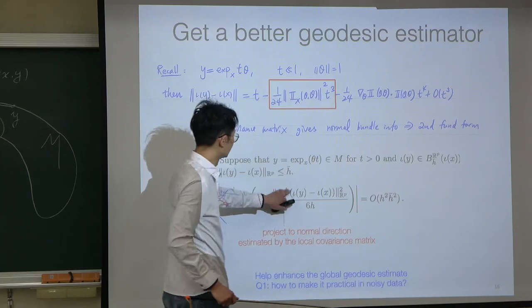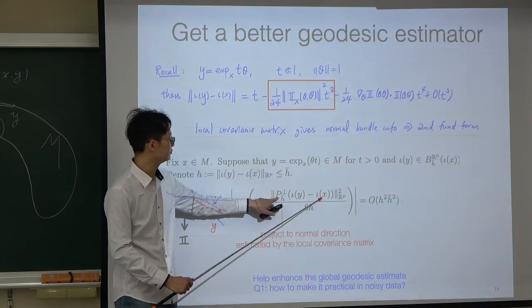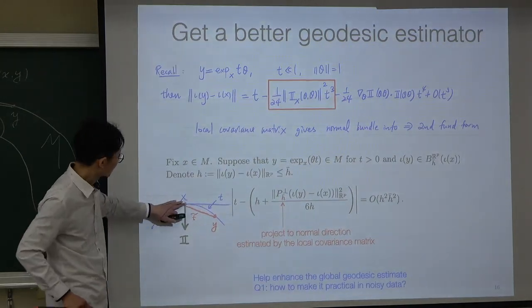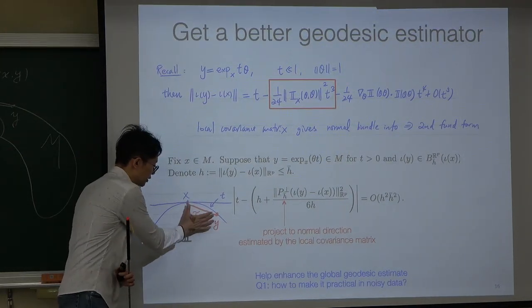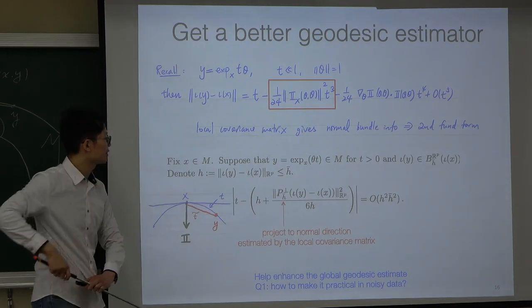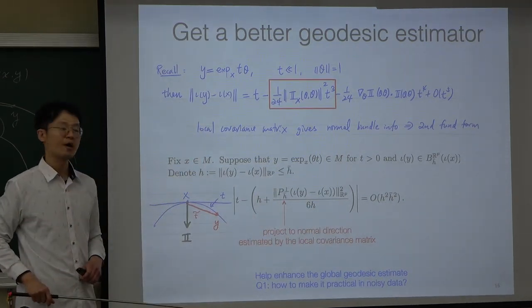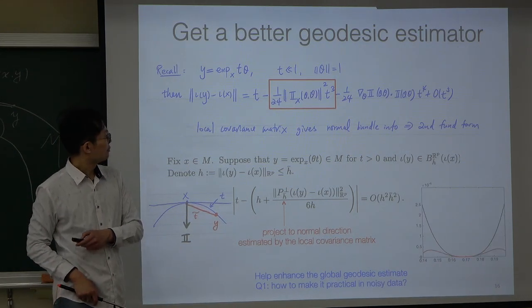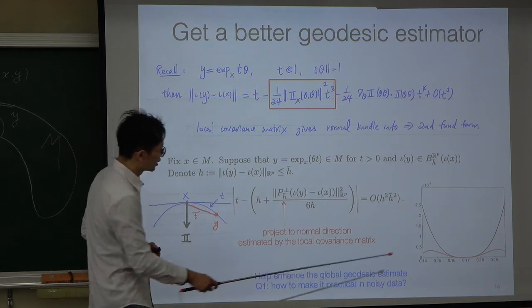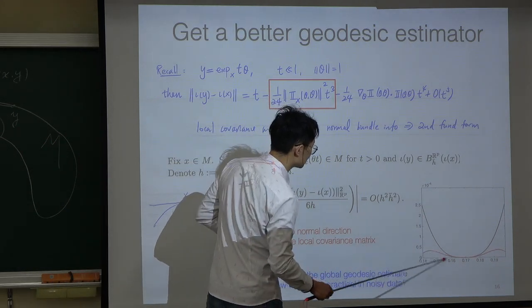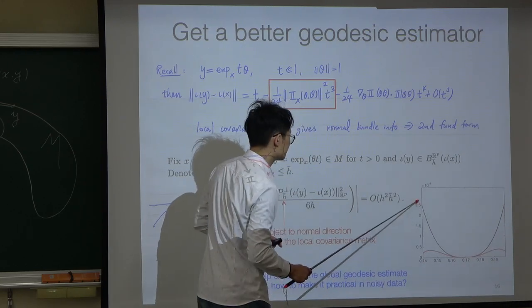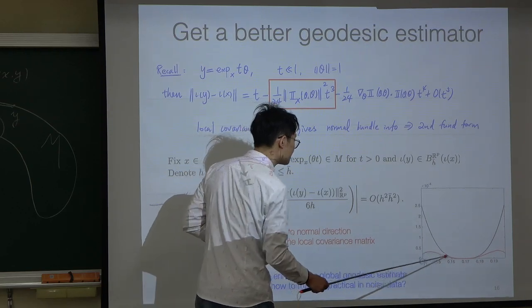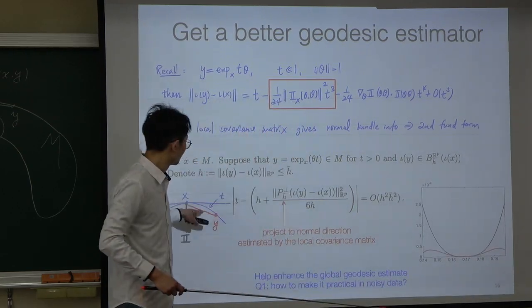Then you will see that by correcting this distance in this way, using the normal direction, you just correct the normal direction a bit. Then you can get a higher order and more accurate geodesic distance estimation locally. This is geodesic distance globally, and this is geodesic distance estimation using just the Euclidean distance, and the red one is using the correction.